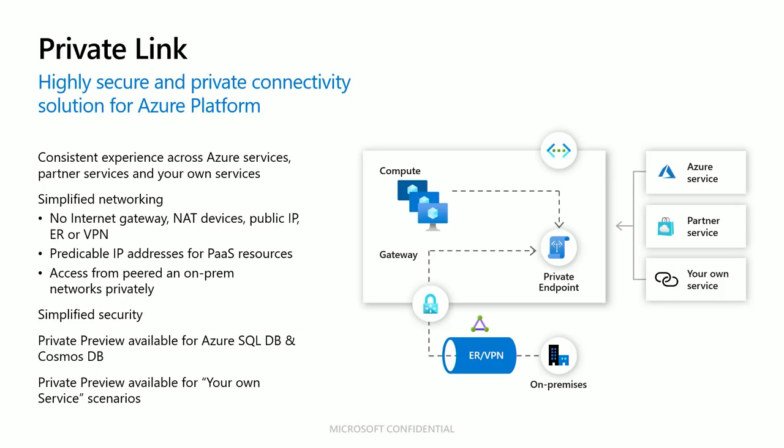What Private Link allows you to do is take a PaaS service. Initially we have Cosmos DB and SQL, with storage and Key Vault coming, and eventually all Azure services will have support for this. So we're starting to roll this out across all our services.